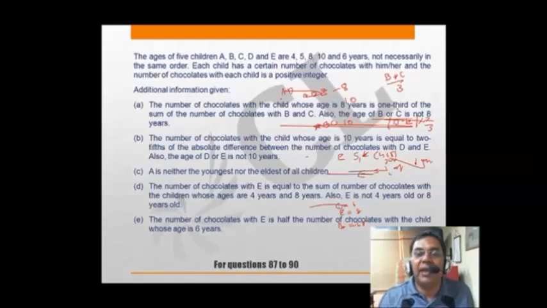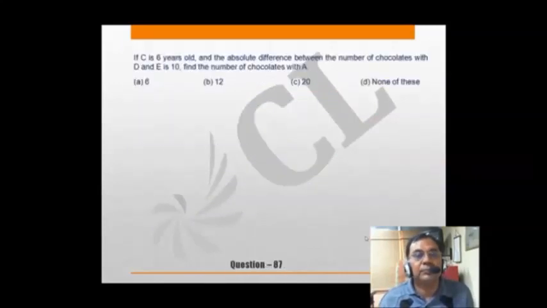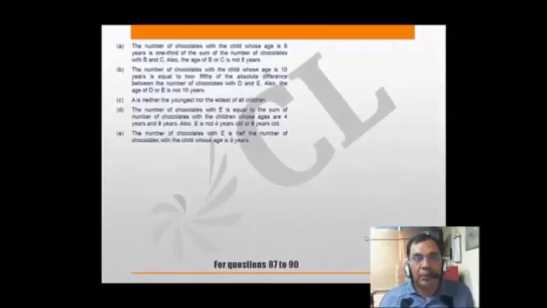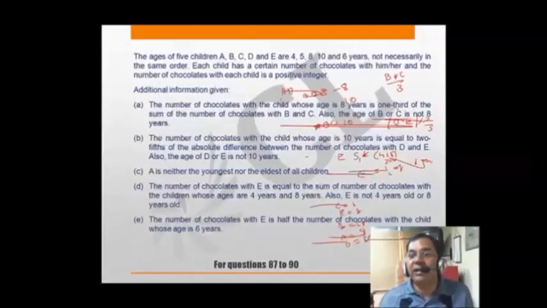A has to be 8 because A cannot be highest, and D has to be 10. Now if D is equal to 10, they are asked for the difference between the number of chocolates with D and E is 10.